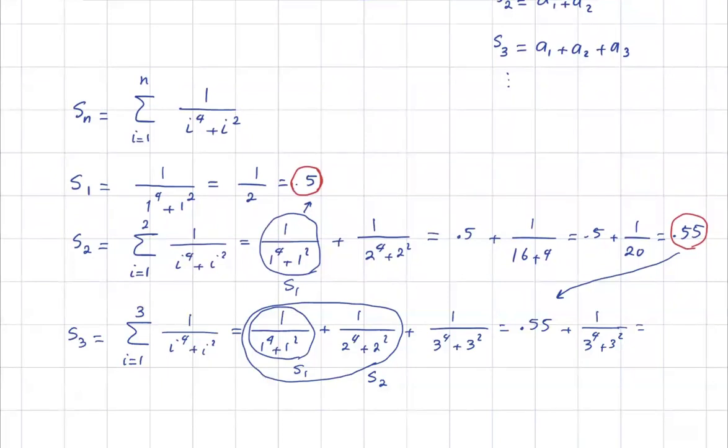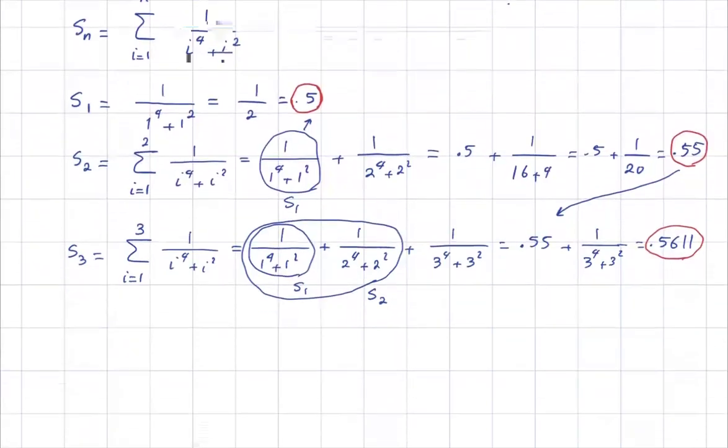I'm going to round it to a number. This is going to be 0.5611. This is my third value. The question says find the first 8 partial sums, so let us continue this process. Now let us calculate S sub 4.